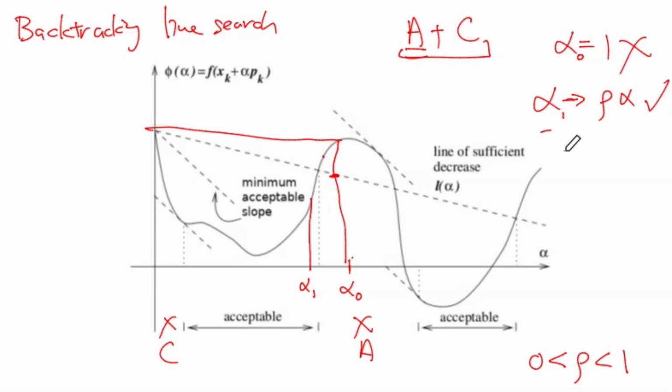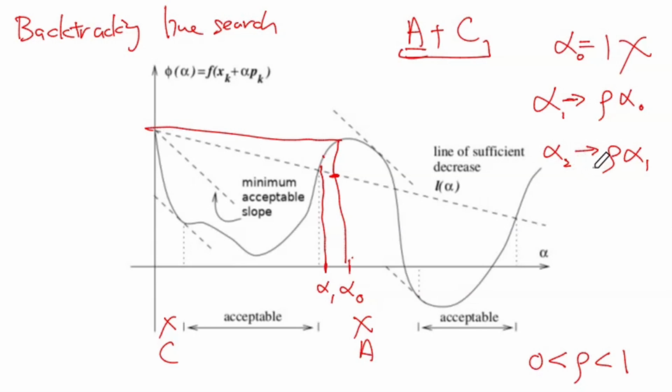But if the alpha 1 we get is not here but here, which still does not fulfill the condition, then alpha 1 does not work. We will get alpha 2, which is alpha 1 multiplied with the same reduction ratio rho.